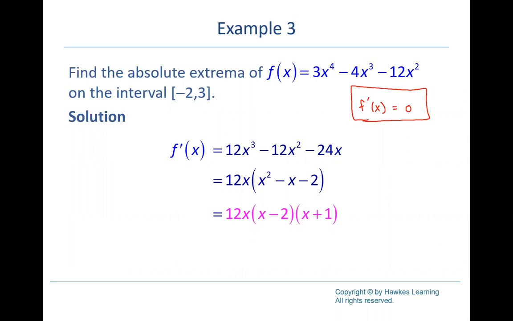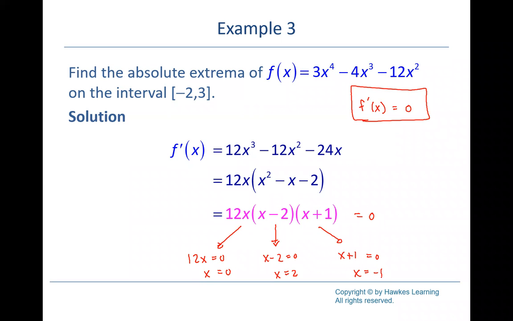If we set this equal to 0, then by the zero factor property, we just set all of our factors equal to 0. And we get critical points of x equals 0, x equals 2, and x equals -1.